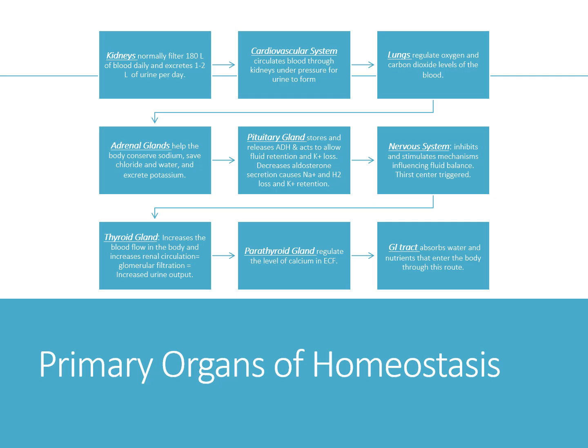The gastrointestinal tract absorbs water and nutrients from ingested food and fluids. And then the parathyroid glands regulate calcium and phosphate balance through the parathyroid hormone. An increase in the parathyroid hormone raises calcium and lowers phosphate, while decreased parathyroid hormone has the opposite effect.